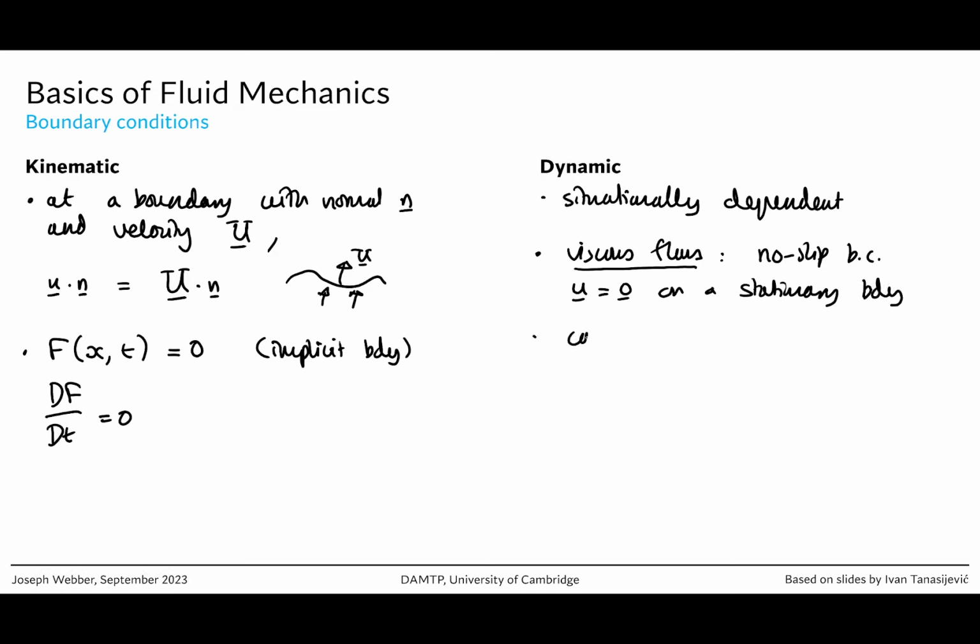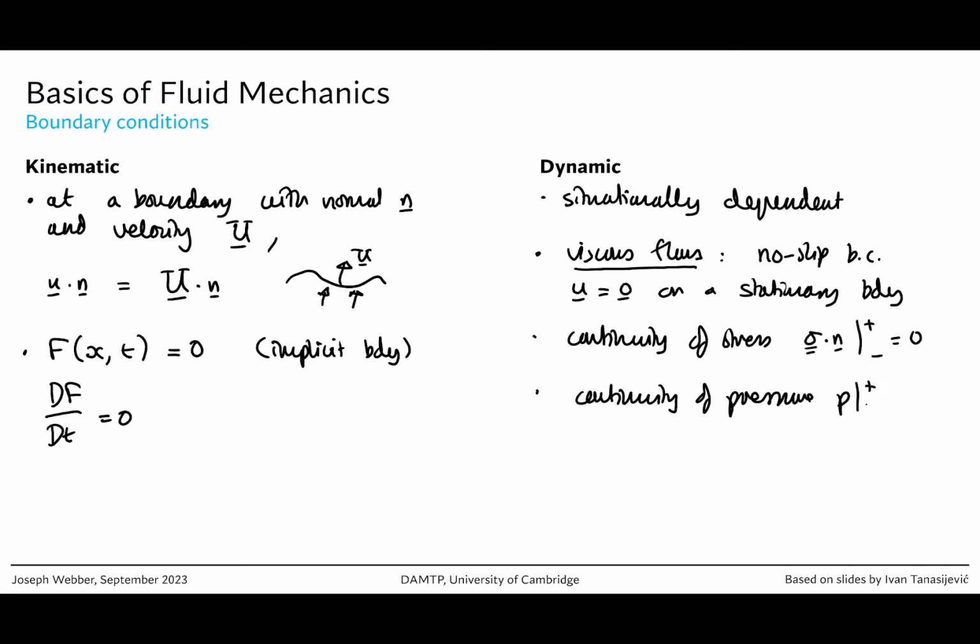We have things like continuity of stress, normal stress more specifically, i.e. sigma dot n is the same either side of the boundary. We could have continuity of pressure, p plus minus equals 0. We can have more complicated things.